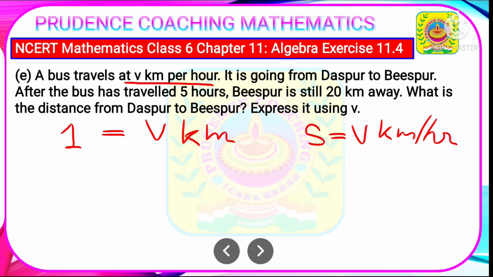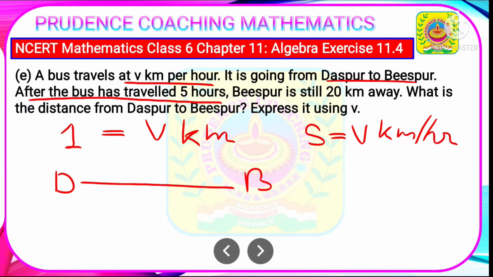Now it is going from Daspur to Bispur. So as it is given in the question. After the bus has travelled 5 km, Bispur is still 20 km away. Now also 20 km is left to reach Bispur.